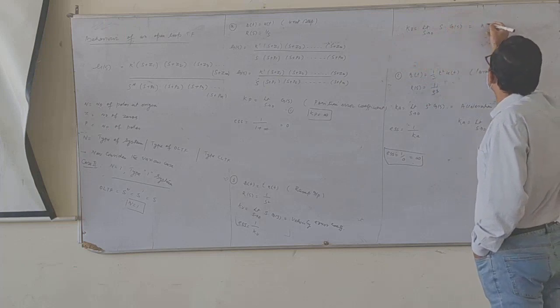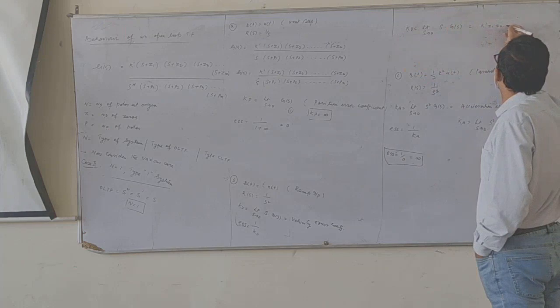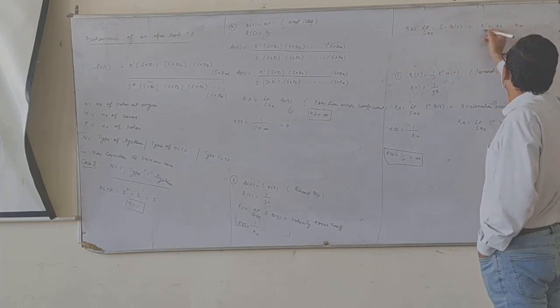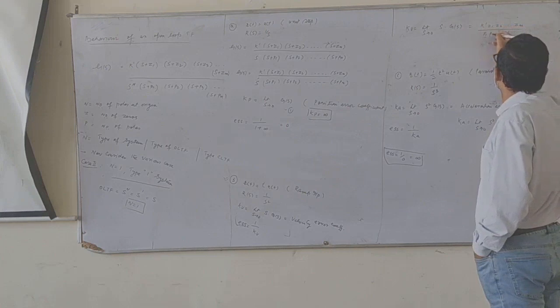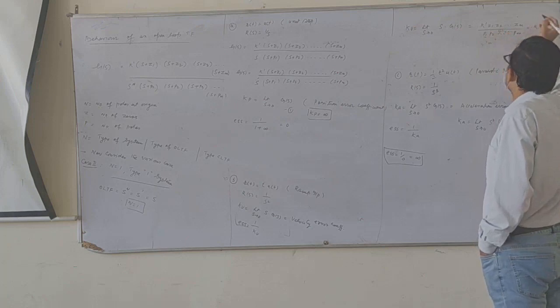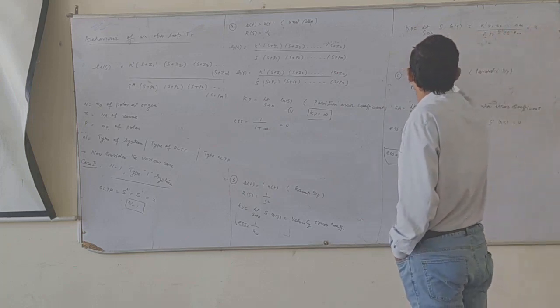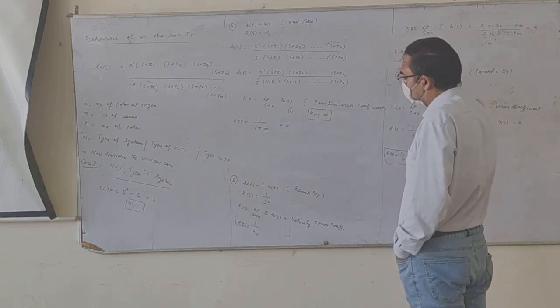So if I talk about this, it is k, z1, z2, zm. Similarly we have p1, p2, pm. Let's say this is again equal to some constant. So steady state error in case of which input?